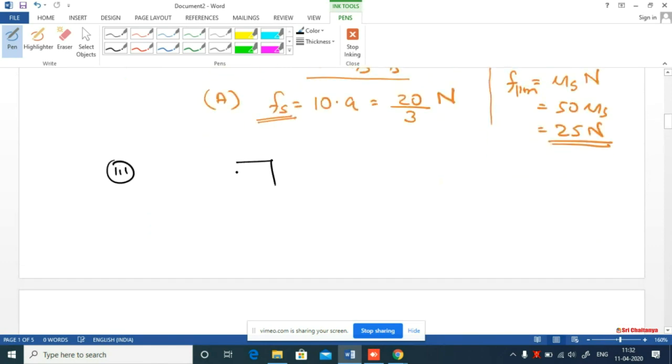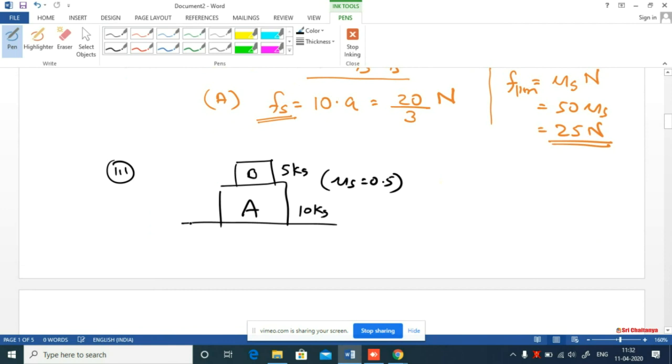Suppose again the same data I'll use. 10 kg for A, 5 kg for B, mu s equal to 0.5. And here the surface is smooth.